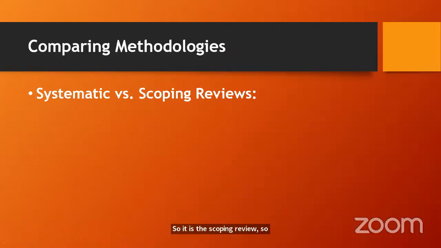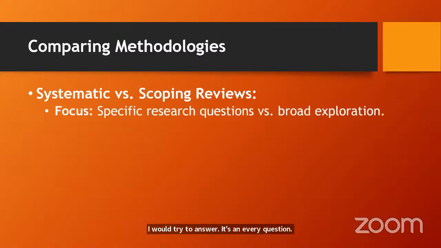So many people were asking in the chat box, what is the systematic review and what is the scoping review? I will try to answer each and every question. Systematic review versus the scoping review.